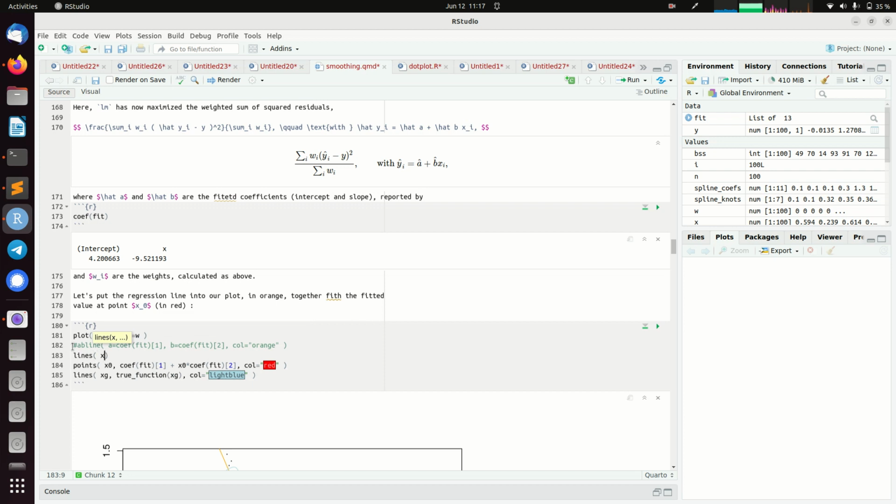lines xg, comma, cof1 plus xg times cof2 plus xg squared times cof3, and comma col equals orange.